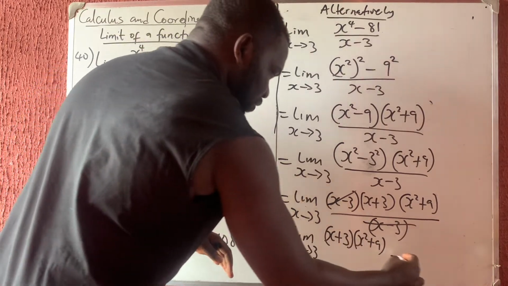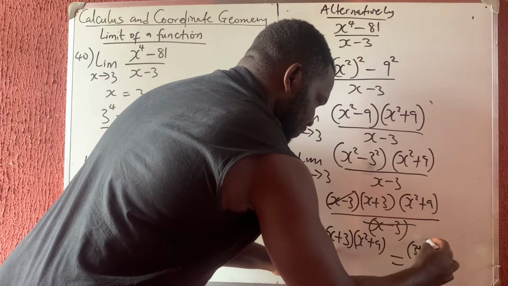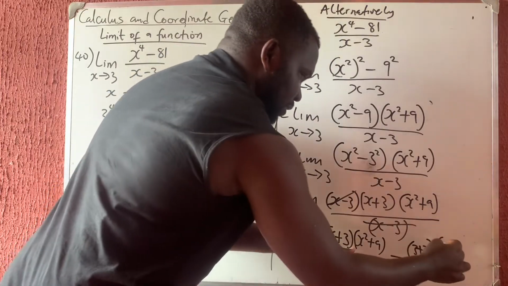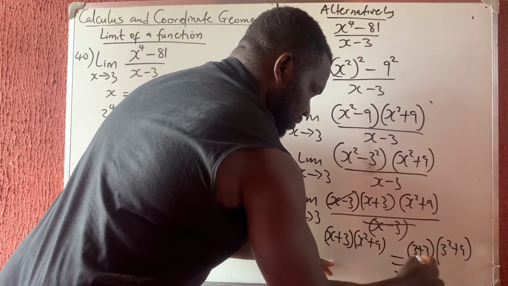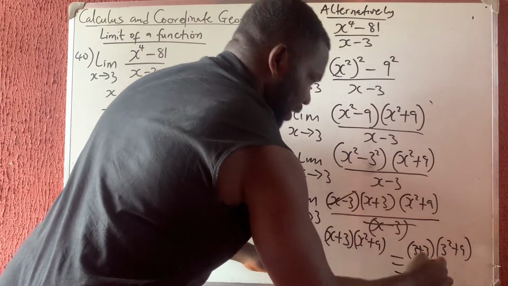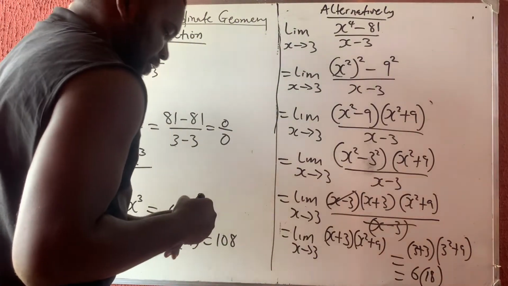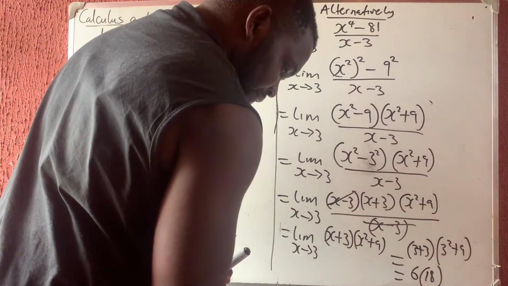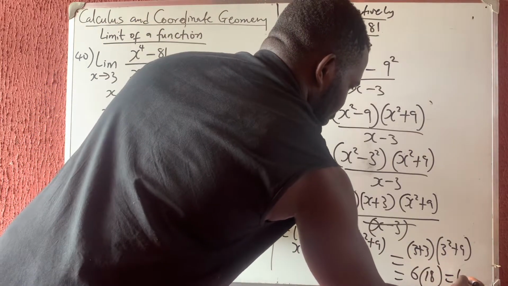So we can now substitute. If we substitute, I'm going to have 3 plus 3 in bracket of 3 squared plus 9, which is 6 in bracket of 9 plus 9, that is 18. So 6 times 18, what do you have? 18 times 6, 108. So 108.